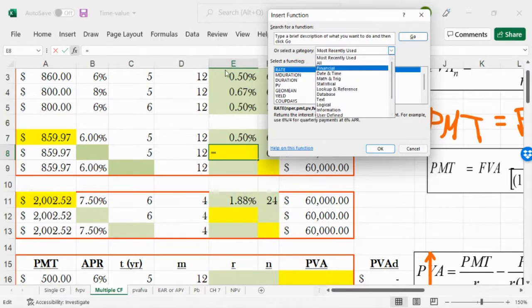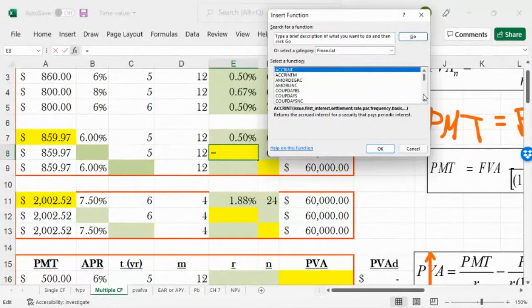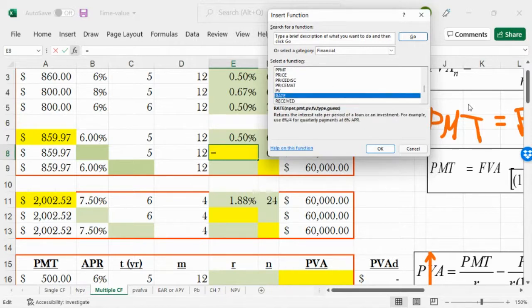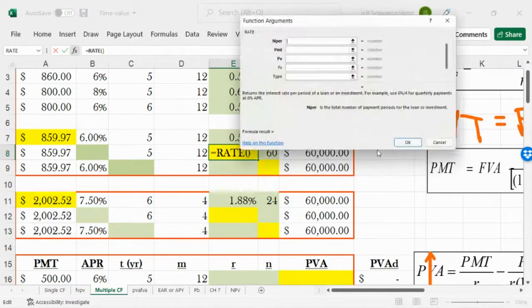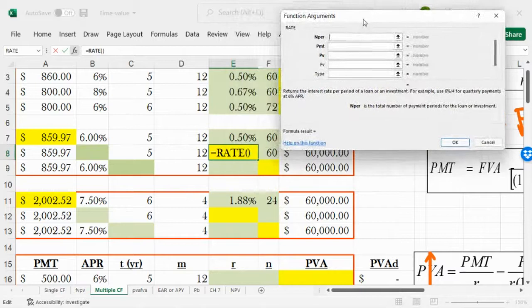But if you haven't, it's not going to show up there. So you go to the financial category, and since all these functions are in alphabetical order, you scroll down until you run into R, Rate. So select Rate and give it what it's asking for.